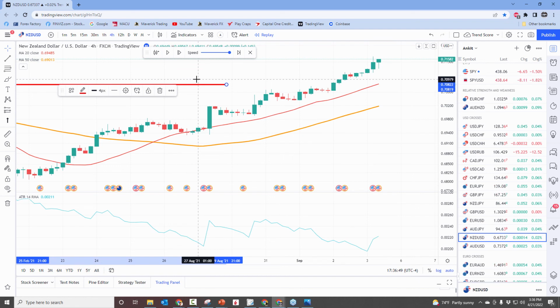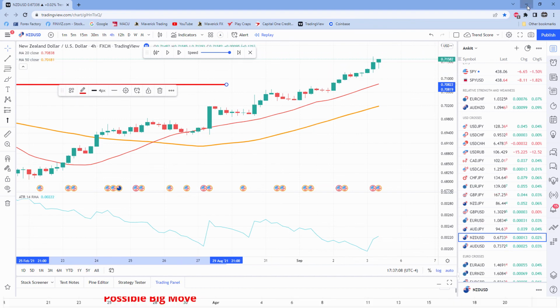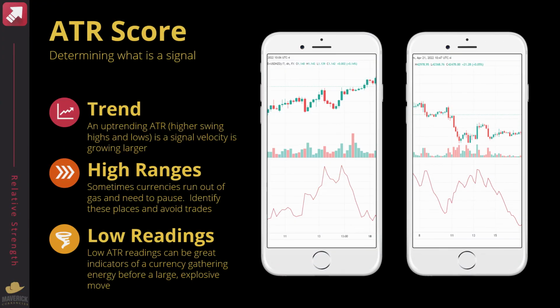Test this out and identify those low points. Those low points are really important. The high points, I only use the high points to basically help me say, oh, I don't want to get into it now. It looks like a great setup, but just not right now. I think it's stretched. Let's wrap this up.